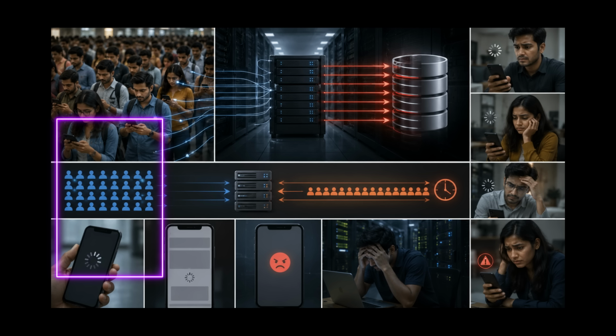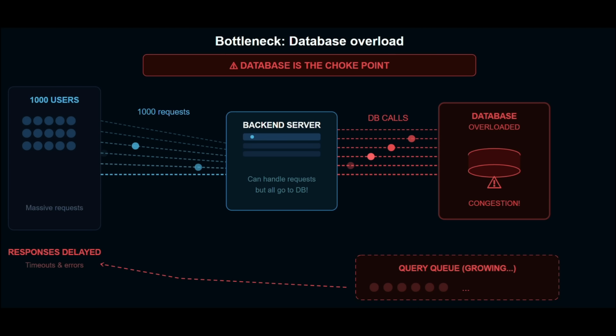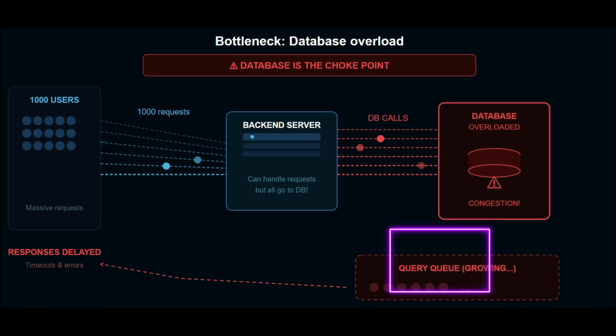If 1000 users send requests at the same time, the server may generate 1000 database queries, right? But databases have limits. They cannot handle unlimited queries instantly. They have connection limits, they have processing limits, and so on. So what happens? Requests start waiting, a queue begins to build, and response time increases.